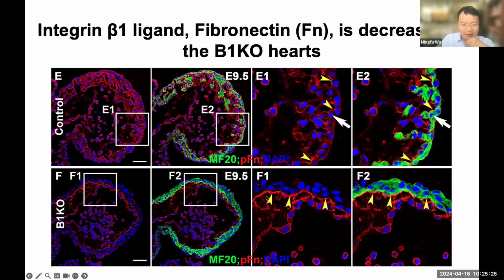However, in the inner compact zone here, I mean, in this basal layer here, you can see that they still have some fibronectin. Those might be secreted by the endocardial cells here. So I think here we can say that fibronectin is a ligand for beta 1 integrins, and its stabilization requires beta 1 integrins.